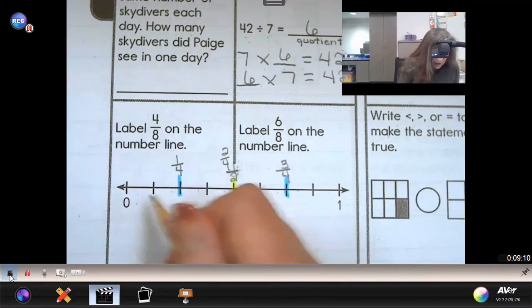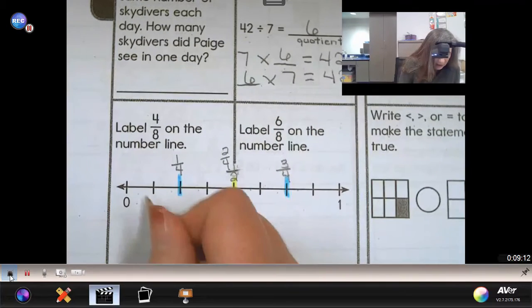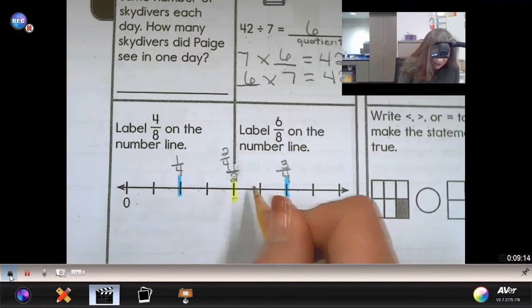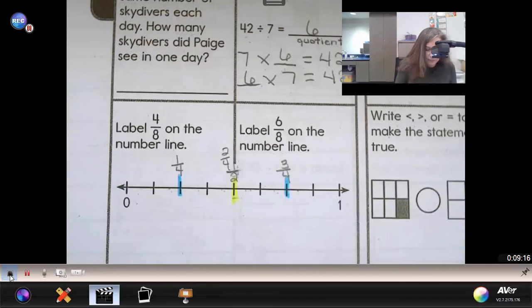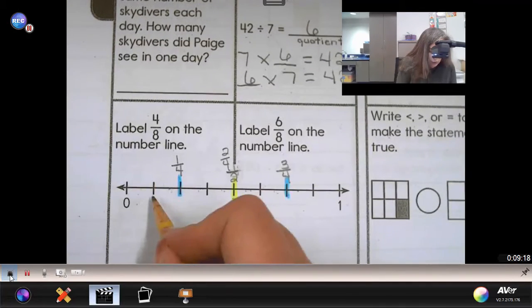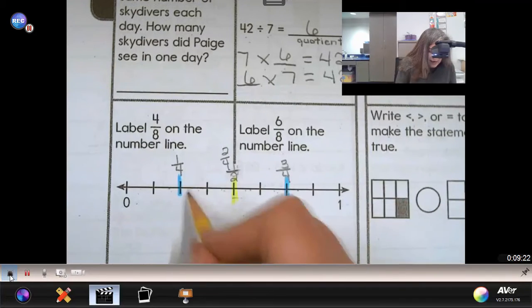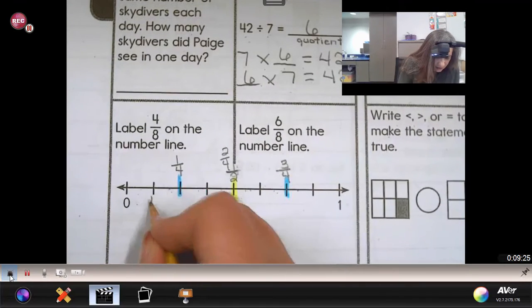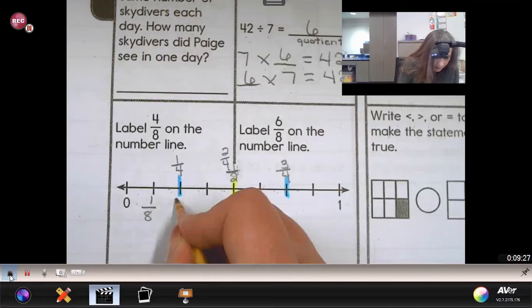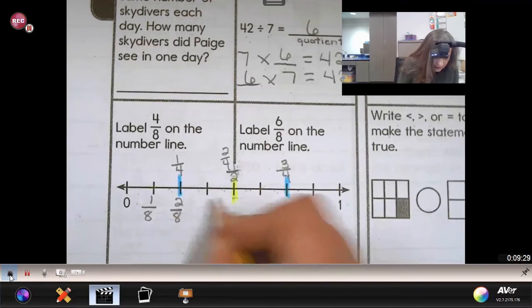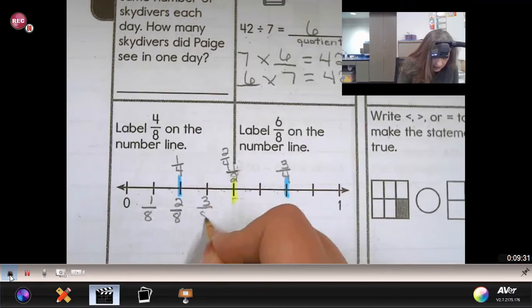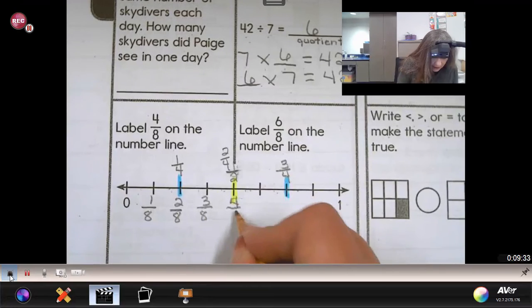Now we can take a look at where the 8s are. So this would be 1, 2, 3, 4, 5, 6, 7, 8. This is broken up into 8 equal parts because we took each one of those fourths and we broke it up. And when we did that, we created 8s. So what's 1/8 and 2/8 and 3/8 and 4/8?